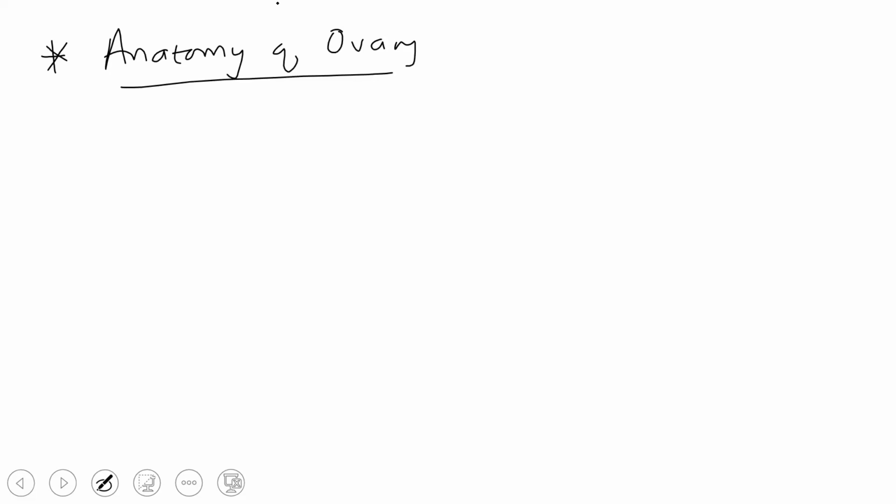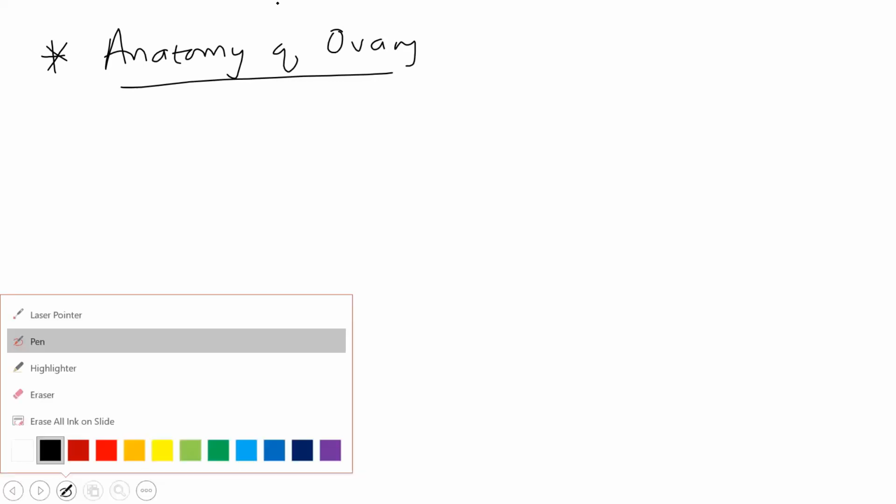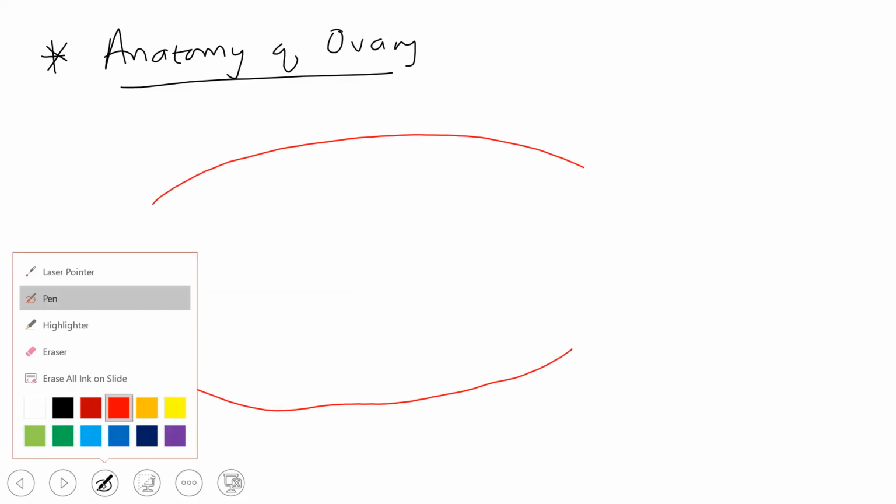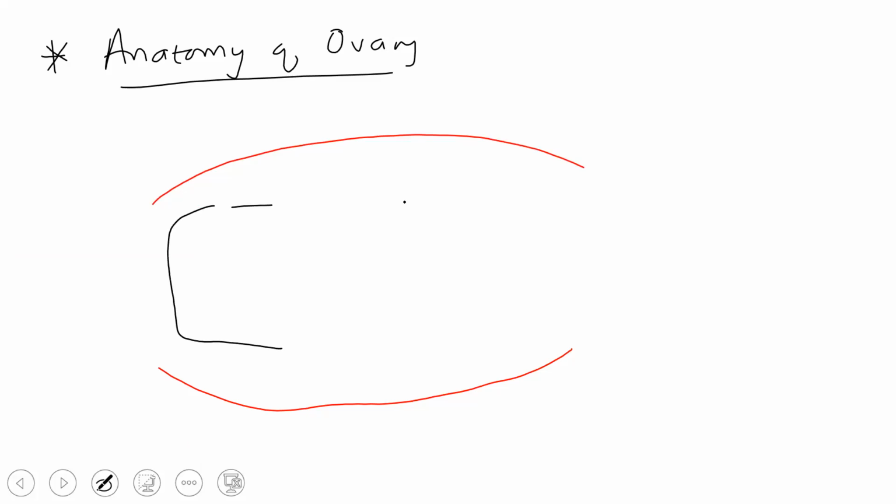If you take a section of the ovary, let's say this is the section of the ovary. The outermost layer is what we call the germinal epithelium.